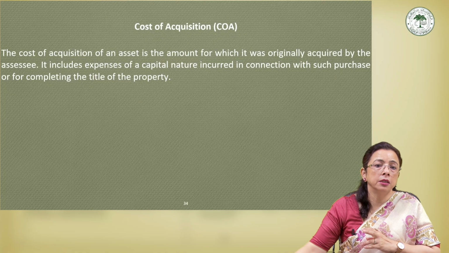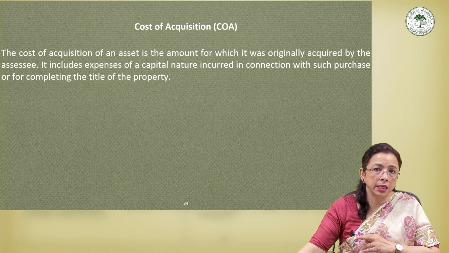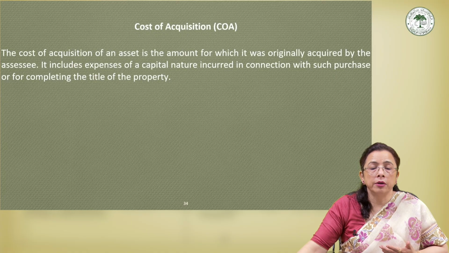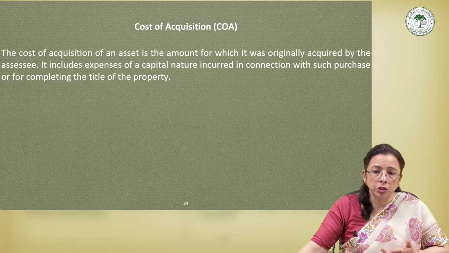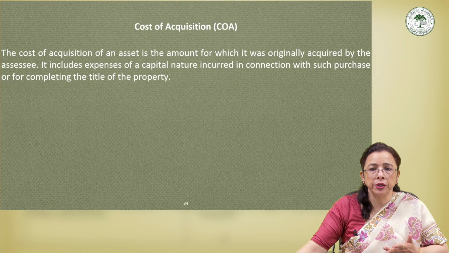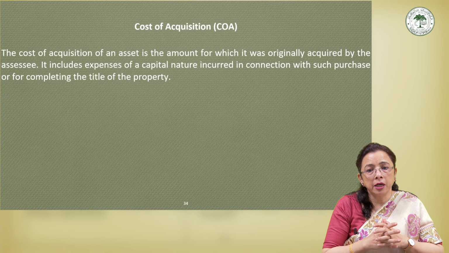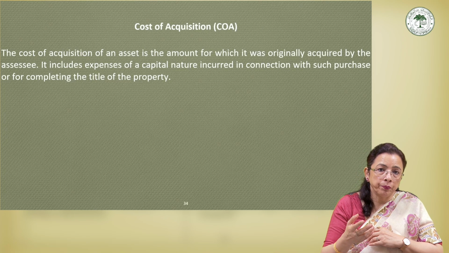Whenever a person purchases a capital asset such as land, building, shares, jewelry, debentures, or machinery, the amount paid to obtain ownership of that asset becomes its cost of acquisition.